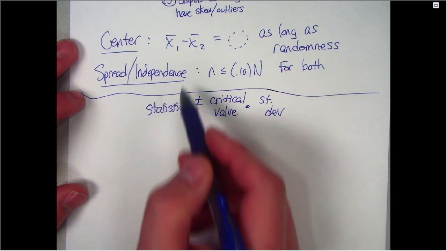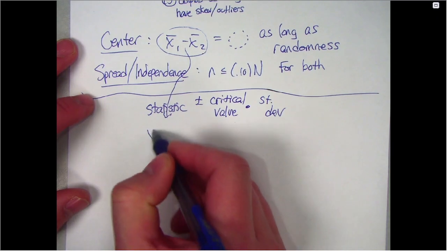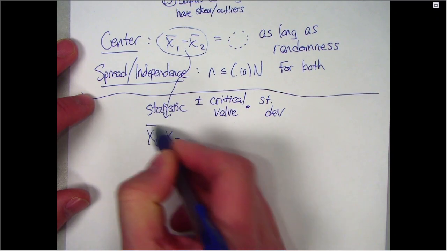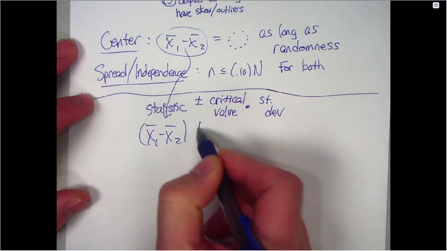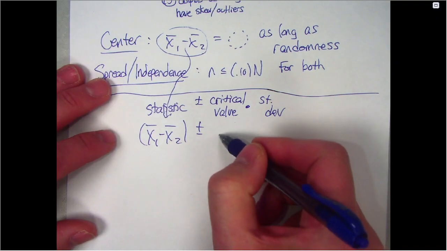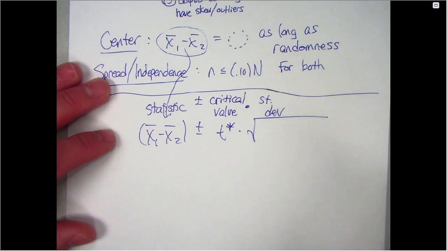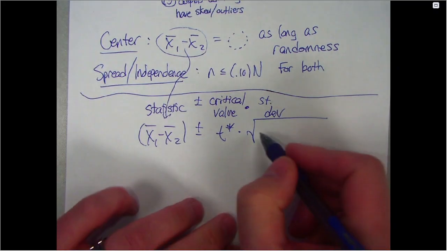Your statistic is whatever this was up here, so whatever order you used. Your critical value is T star. You know what that means. And the standard deviation is that long formula.